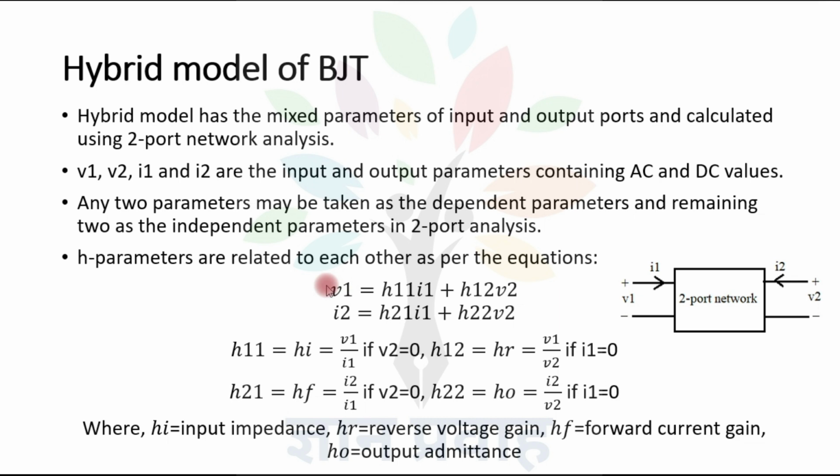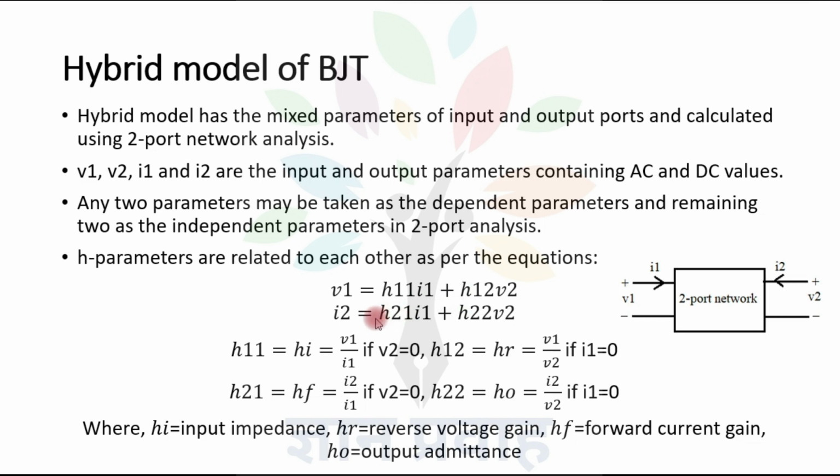So the H parameter equations for a two-port network are given here. V1 equals H11 I1 plus H12 V2. I2 equals H21 I1 plus H22 V2. V1 and I2 are the dependent parameters. I1 and V2 are the independent parameters in the case of the hybrid model.